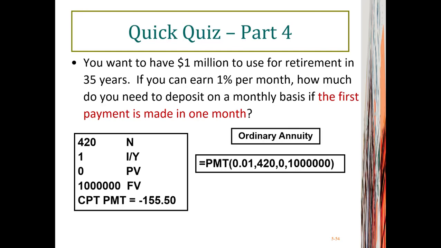Then you will get that $1 million 35 years later. So long-term saving can generate a large amount of money for your future. Don't forget about that. So start saving today and save for that 1 million for your future retirement.